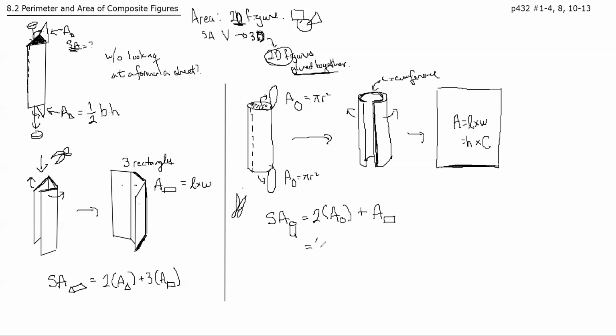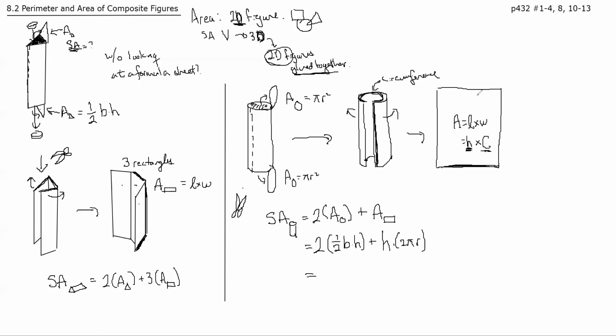If I were to write out the actual formula, it would be 2 times half base times height plus, what is the height of the rectangle? I'm just going to call it h, multiplied by the circumference of a circle, 2 pi r.